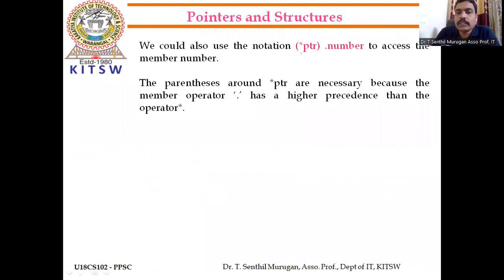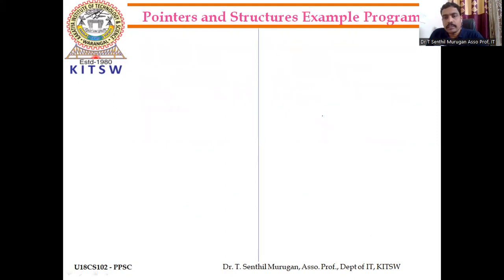If you are not using the parentheses, if you simply write asterisk ptr dot name, it will not work as intended, because the dot operator has higher precedence than the asterisk. So if you use the brackets, then only will it get the higher precedence, and then it will point to the particular member. Okay. So just remember it.